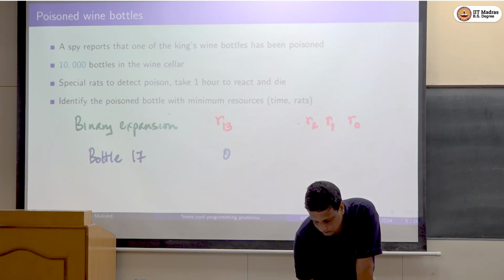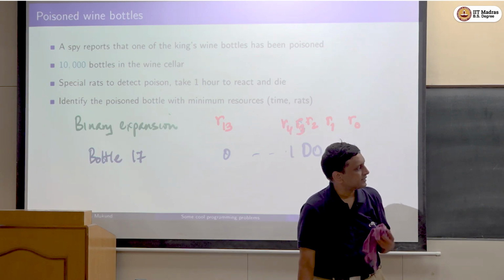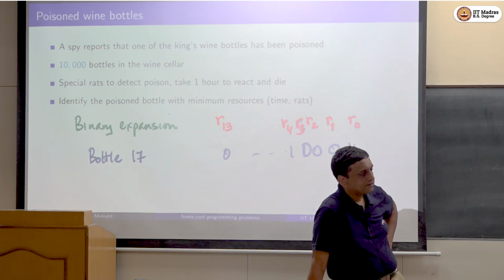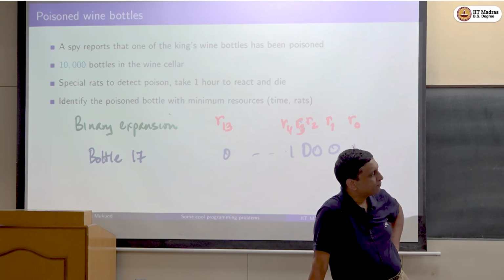So bottle number 17 in binary is written like this. So I give bottle number 17 to R0, rat 0 and rat 4.